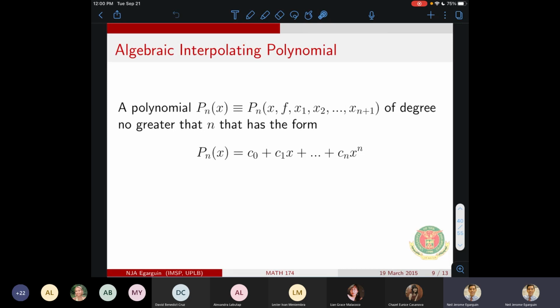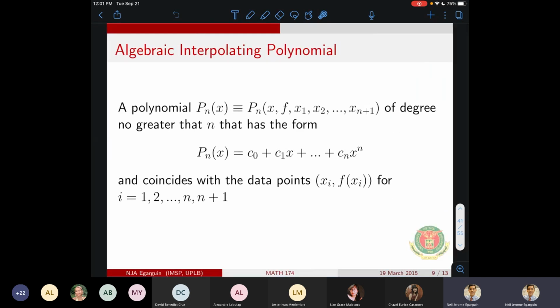And this is a polynomial of this form, so nothing fancy here. This is your usual form for a polynomial. But again, we are defining an interpolating polynomial, so I should have here the interpolatory requirement. And the interpolatory requirement is that the function value of p should coincide with the function values of f at the given abscissas x1 until x sub n plus 1.